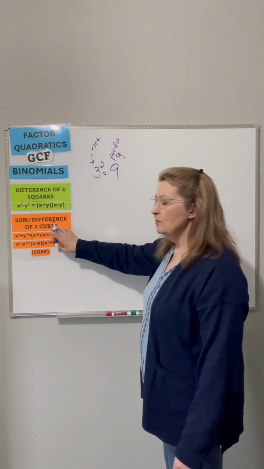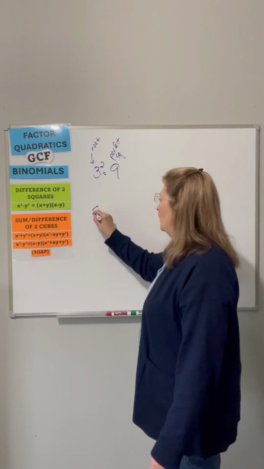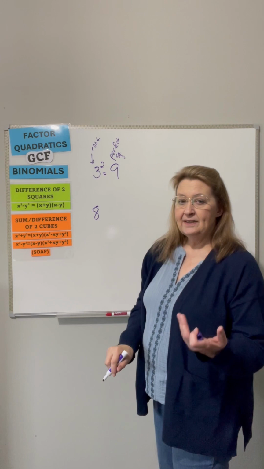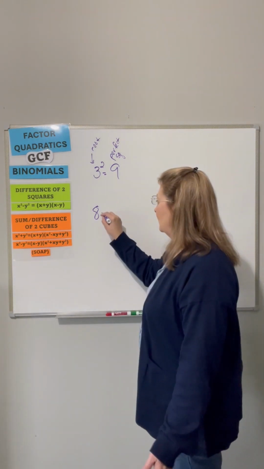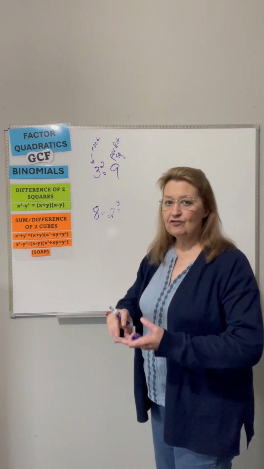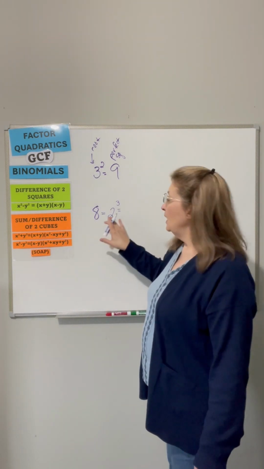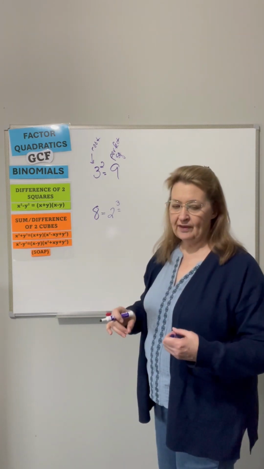All right, now, a sum or difference of 2 cubes. What are your perfect cubes? Well, one perfect cube is 8. You get that by taking 2 and cubing it. 2 times 2 is 4, times 2 is 8. So 8 is your perfect cube, and 2 is the root of that.